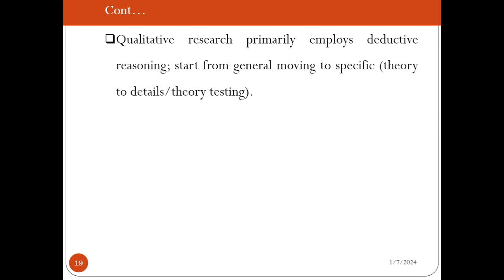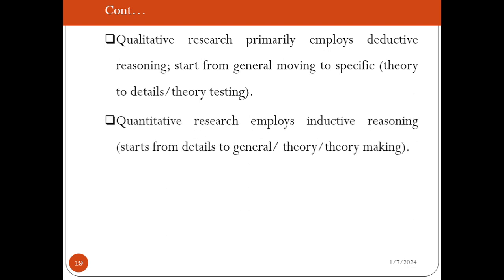Qualitative research primarily employs deductive reasoning, which means that we start from the general and move to the specific. Deductive is a kind of reasoning where you begin from a very broad area and then narrow it down. I will provide some examples.